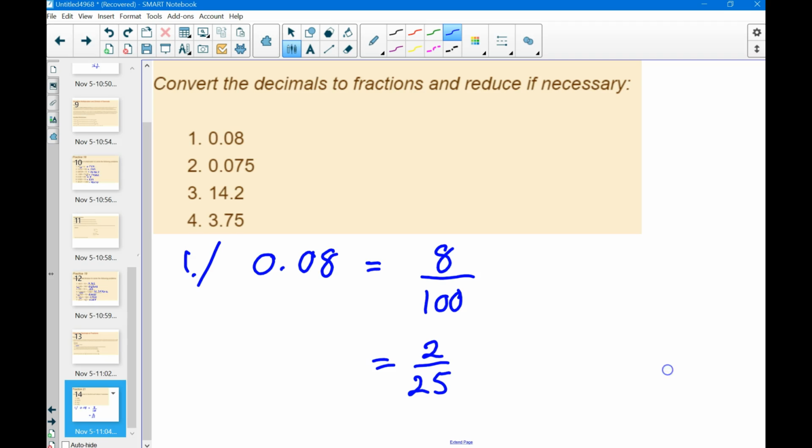Let's go to number 2. Okay, in a second we go. There we go, number 2. I missed that.